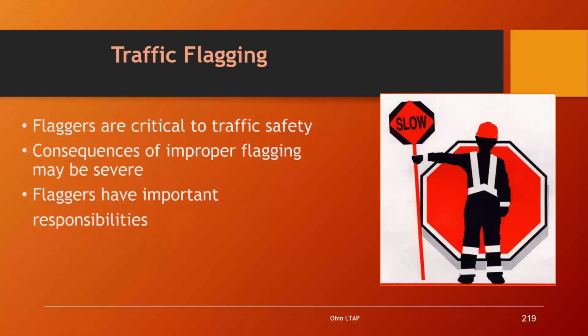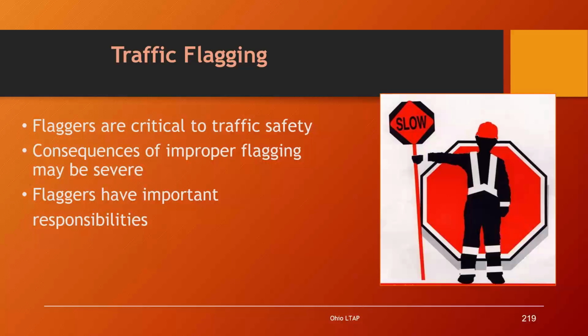And so traffic flagging. Let's talk about the flaggers first. The people who are actually doing the flagging are stopping traffic and then releasing them, or at least slowing them down in some cases. So our flaggers are critical to traffic safety, and the consequences of improper flagging may be severe.